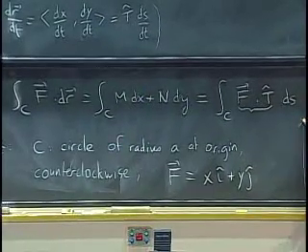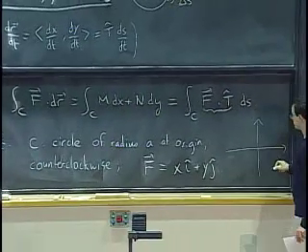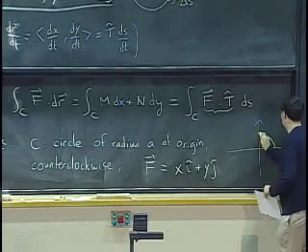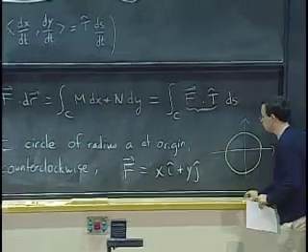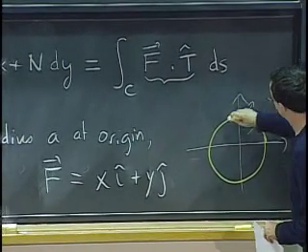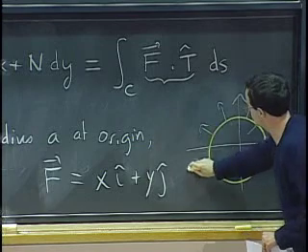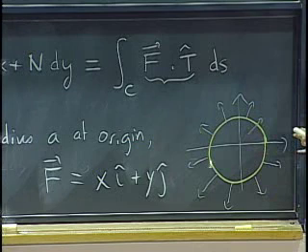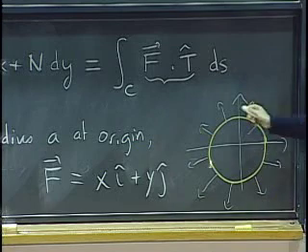So what does that look like? Well, my trajectory is just this circle. My vector field, remember, xi plus yj, is the one that's pointing radially from the origin. So hopefully if you have good physics intuition here, you already know what the work is going to be. It's going to be 0 because the force is perpendicular to the motion.